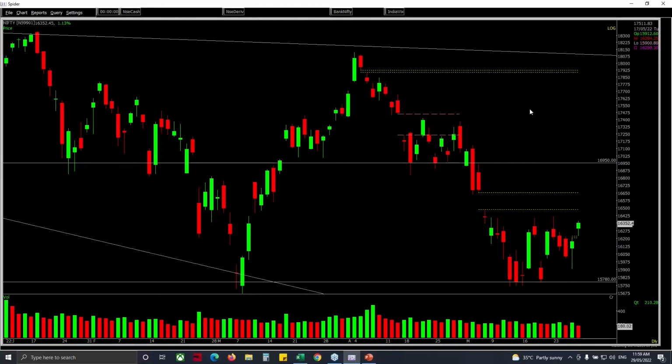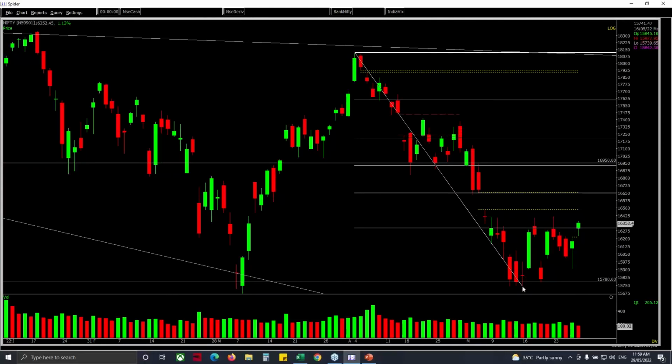Let me show you again on the daily chart. Confluence is happening of the 50% Fibo retracement around 16927 with our earlier support line, which might now act as our resistance line of 16950.